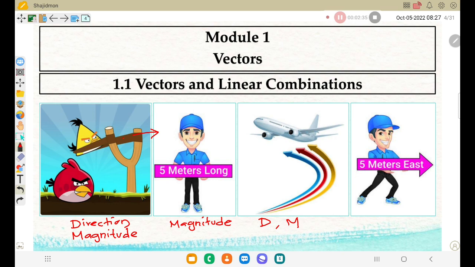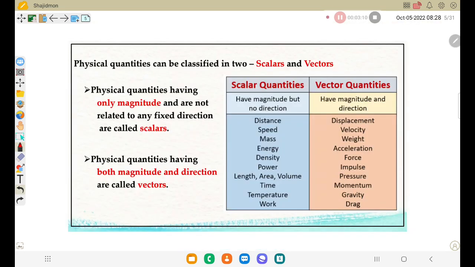D means the direction, M means the magnitude. Both are important in the flight movement, because how much distance we need to travel, and in which direction. And in the fourth picture you can see what he is telling, 5 meters east. 5 meters is the magnitude, and east is the direction, correct. So out of these four pictures, the first picture specifies direction and magnitude, the second only magnitude, the third and the fourth specify both magnitude and direction.